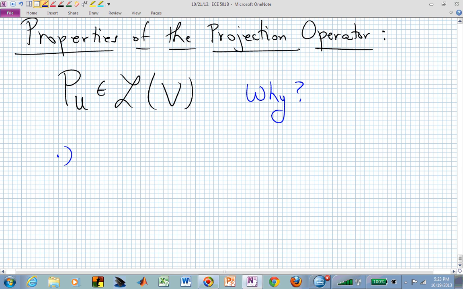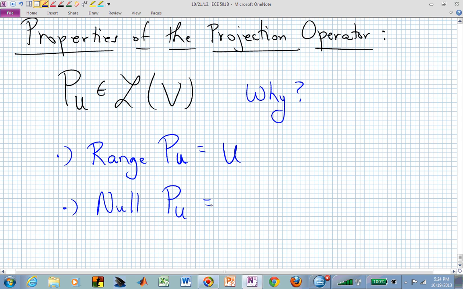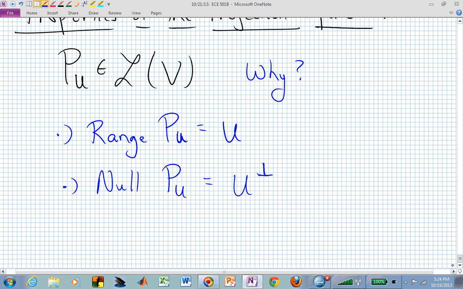One is that the range of P sub U is all of the subspace U. A second is that the null space, those vectors that get taken to the zero vector by this projection operator, lies in U perp.